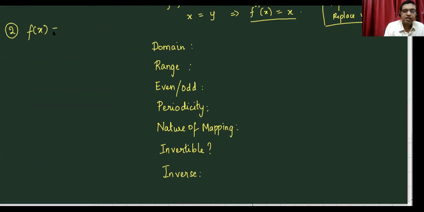f of x is equal to x square. That is, you write y equal to x square.